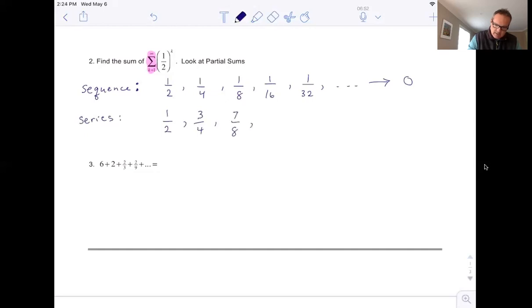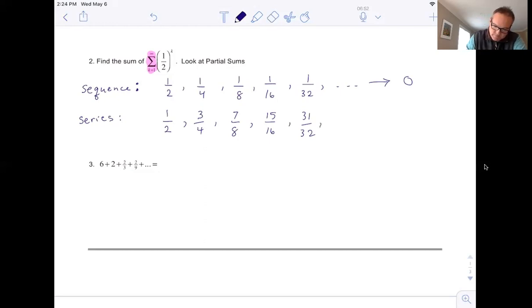And then you can see what's happening again. You get 15/16. You get 31/32. If you look at it, on the bottom you have a power of 2, and on the top you have just 1 less than that number.